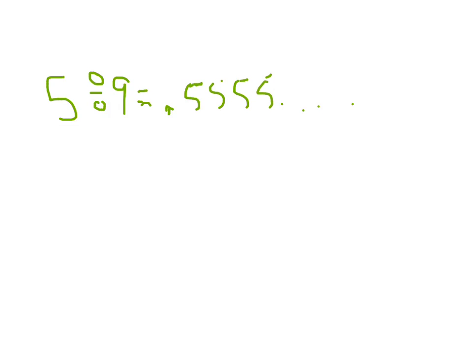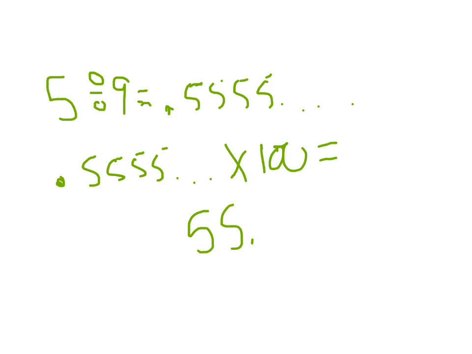So you're going to take that 0.55555. You are not going to clear your screen, so you're going to take this 0.5555, so on, and you are going to times it by 100, and it will give you 55.5555, and that would be percent.